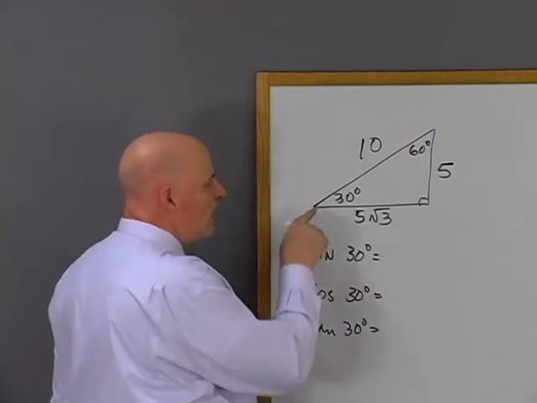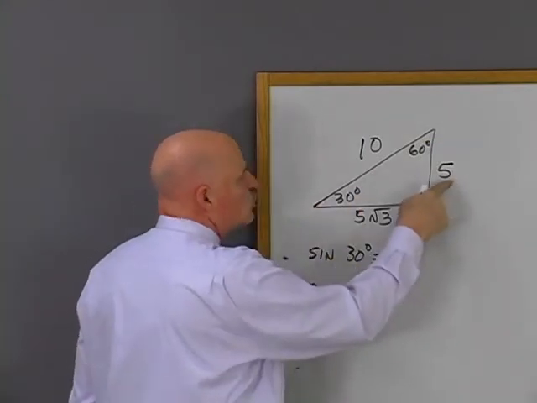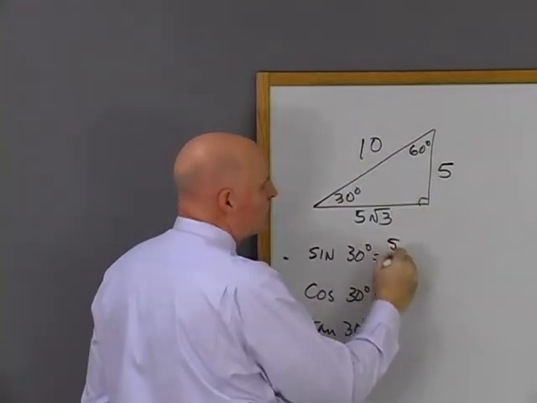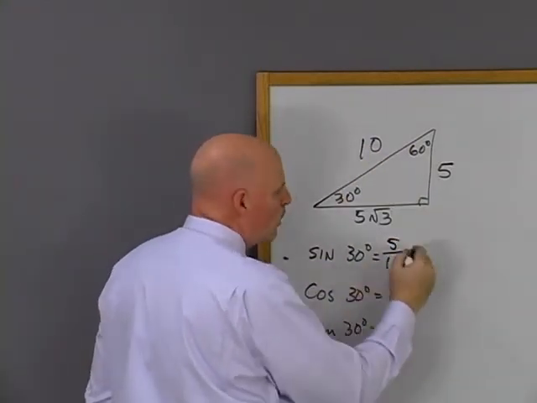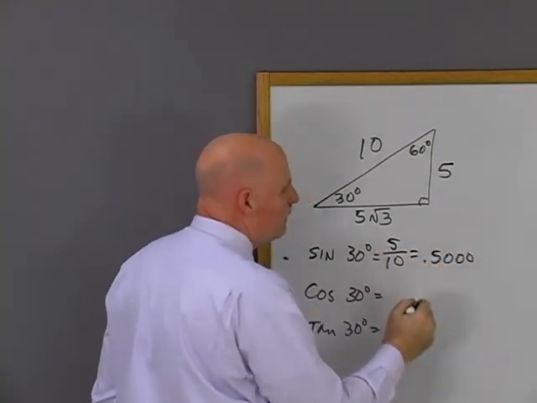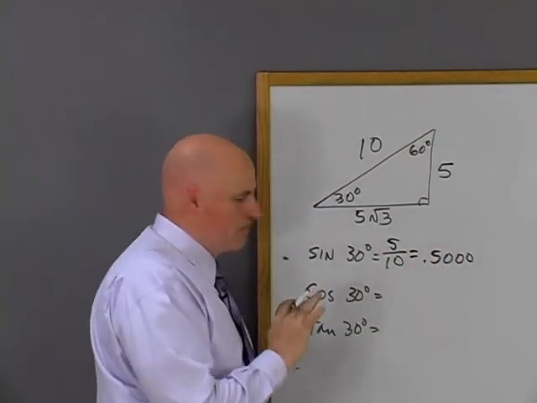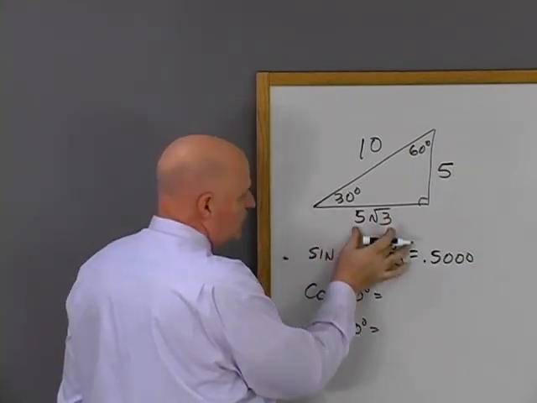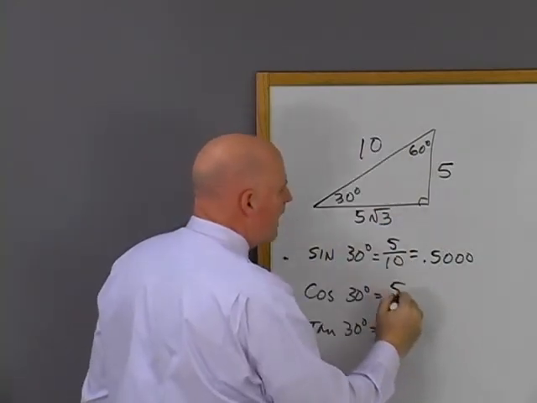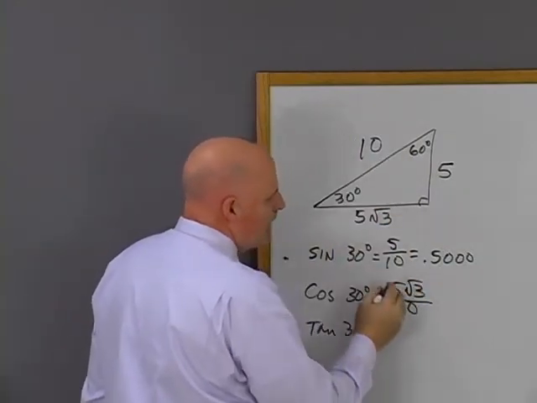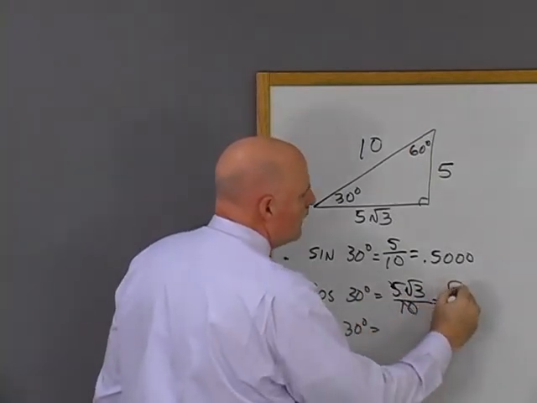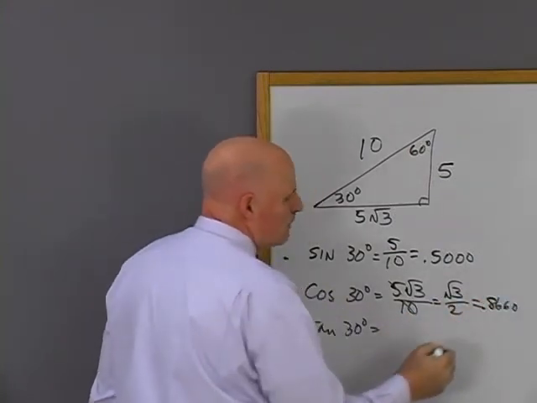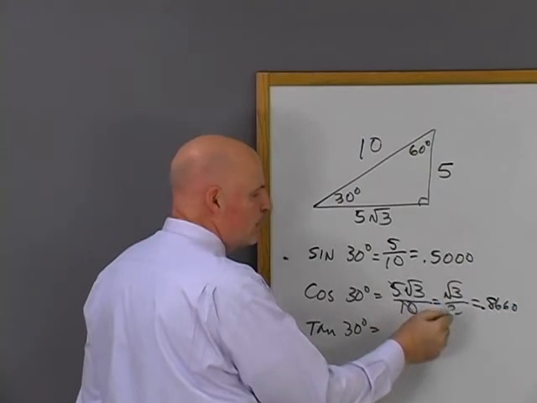The sine is opposite over hypotenuse, so 5 over 10, which reduces to 1 over 2, or 0.5. What's the cosine of 30 degrees? Adjacent is 5 square root of 3, so it's 5 square root of 3 over 10. I could cancel that to square root of 3 over 2, which is about 0.8660, since this is about 1.7 divided by 2.